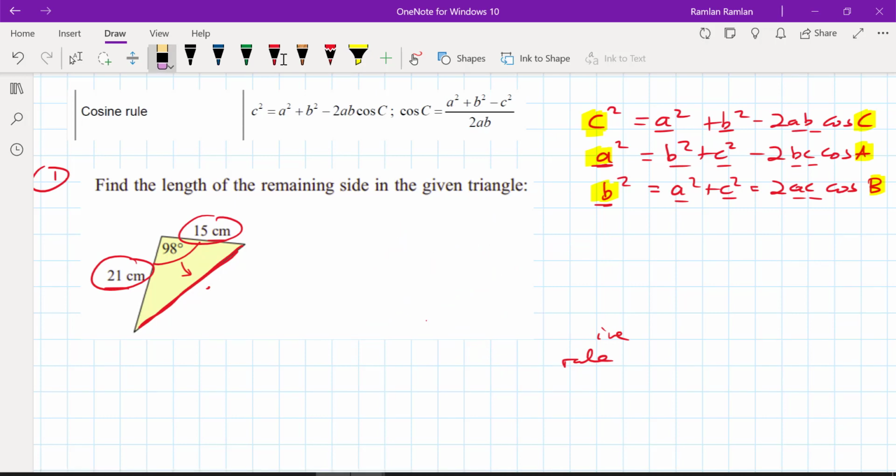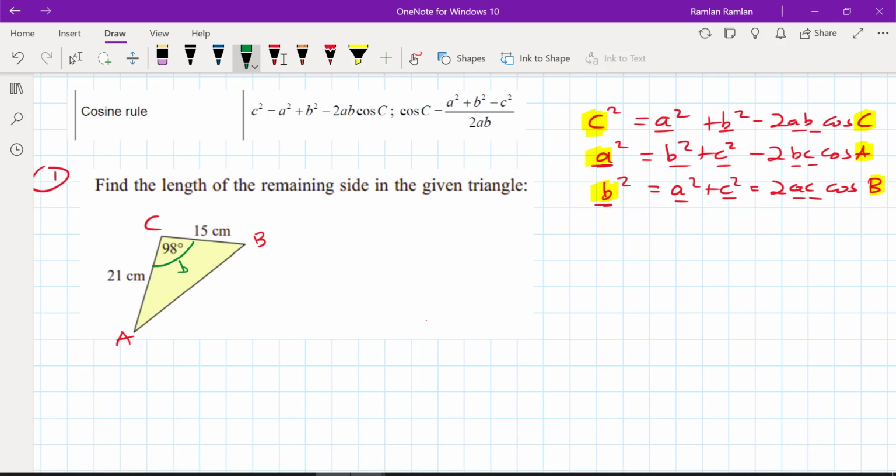Remember, when we're using the sine rule, the first thing we do is name all of the vertices. The same thing here. I'm going to name these A, B, and C, for example. Then I'm going to name the side lengths opposite to the angles.